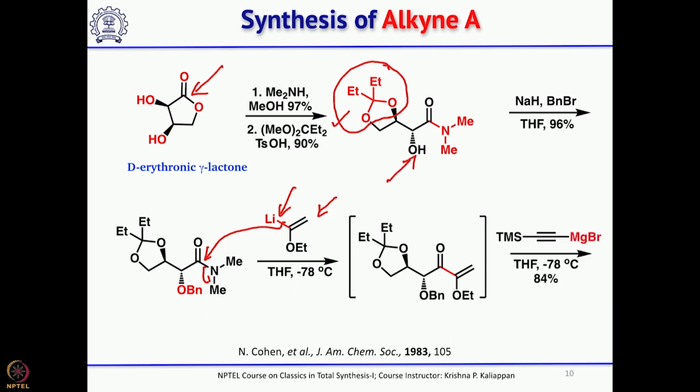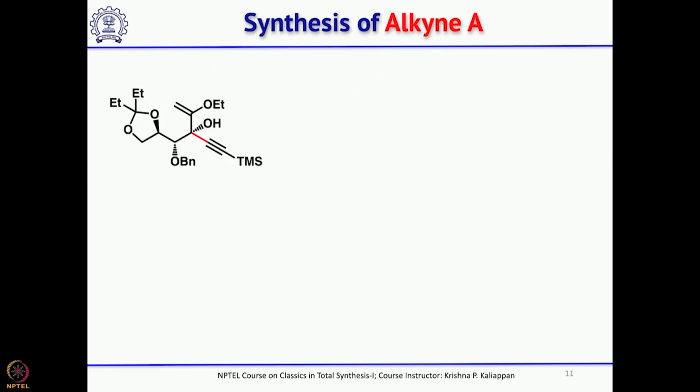Then treatment of this enone with TMS acetylene Grignard will undergo highly stereoselective 1,2 addition to this enone to give the quaternary center. Now if you look at it, there are 3 quaternary centers, 2 are carbon based quaternary centers.